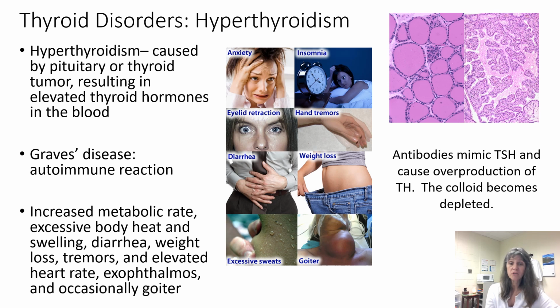Usually the patient will have swelling, diarrhea, will have a decrease in weight, so they see weight loss. Sometimes they'll be shaking, have an elevated heart rate, exophthalmos, where the eyes are bulging, and occasionally a goiter might be present with this.